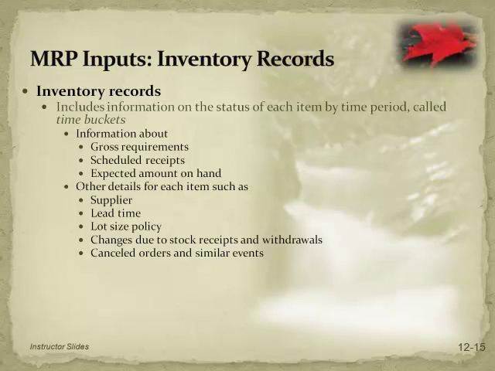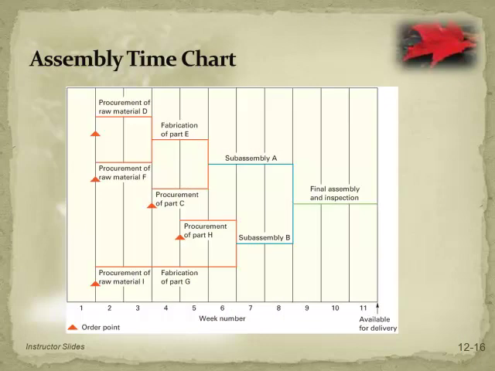So again, all this information, the inventory records, the bill of material, the master schedule, we're assuming that all that information has been computerized and it's on the same computer server that the MRP program is going to be running from. So what MRP is going to be doing, it's going to be creating schedules for things. So this slide shows the concept of an assembly chart.